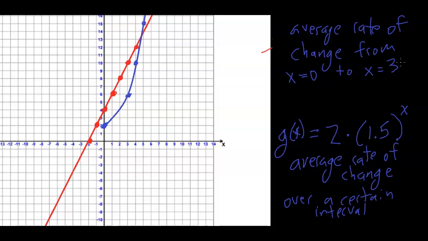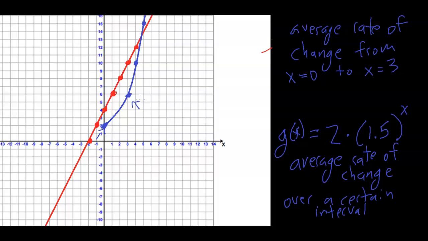Well, we're simply going to find those 2 points. X equals 0, that point is right here. And the value of the function at x equals 3 is right here. And we're simply going to calculate the rise over run from x equals 0 to x equals 3.